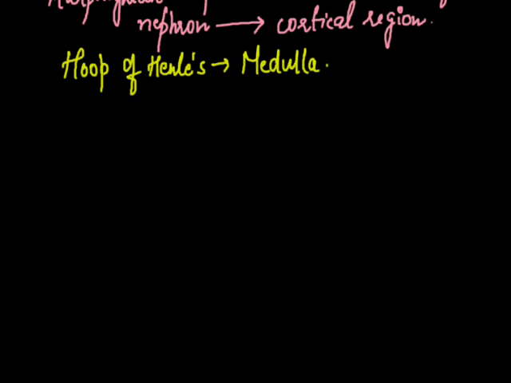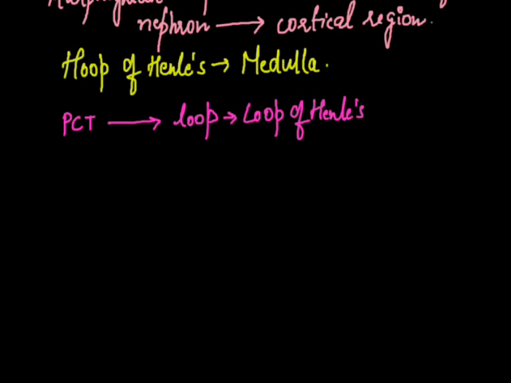If we make a flow diagram of the pathway of the nephron, firstly from the glomerulus, the blood capillaries present in the Bowman capsule, it will come to the PCT and then to the loop, called the loop of Henle.